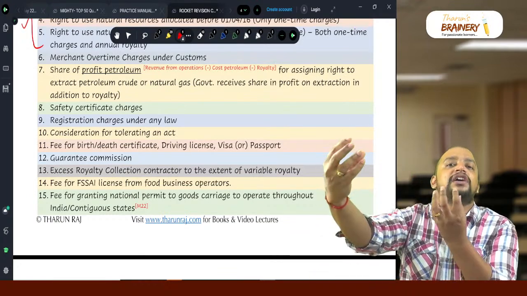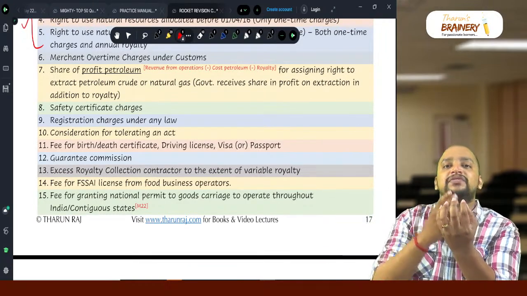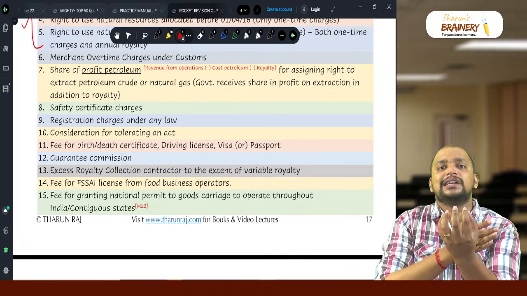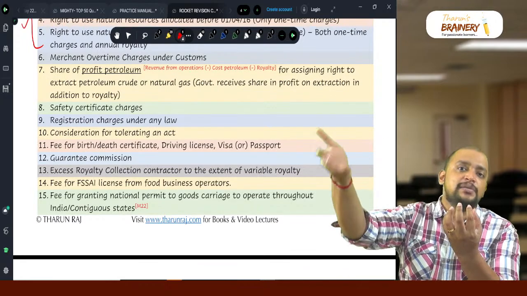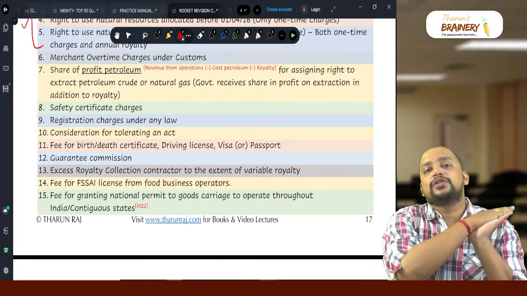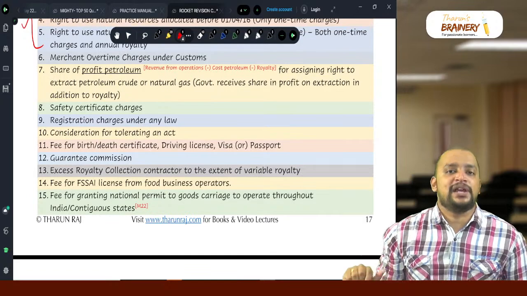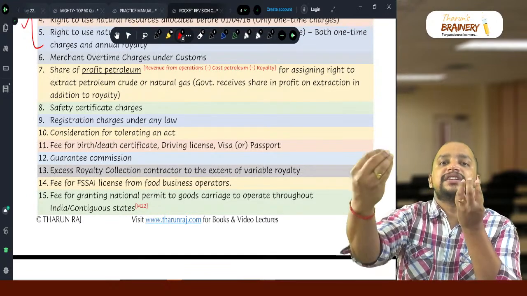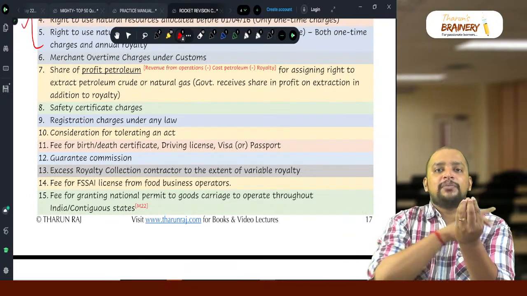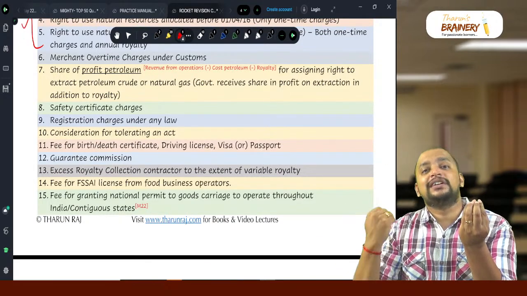Suppose if the variable royalty is 50 lakhs, anyhow on that 50 lakhs leaseholder will pay GST. If the fixed royalty is 60 lakhs, so variable royalty 50, fixed royalty 60, so ERCC will be paying that 60 lakhs, so extra 10 lakhs ERCC will pay GST. Okay, so ERCC will receive 50, will pay 60 to government, on that 50 already leaseholder will pay, so ERCC will pay only on 10 lakhs.